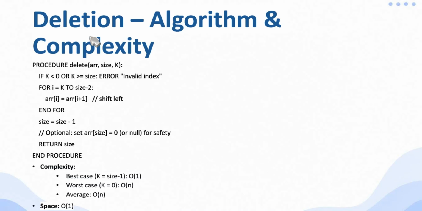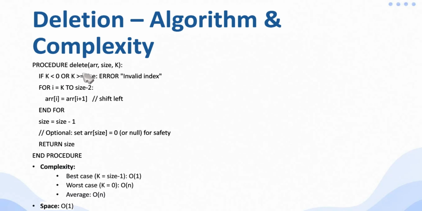And this is the pseudocode for the array deletion. First, if k is less than 0 or k is larger than the size of the array, where k is the index of the element we want to delete, it means error, right?